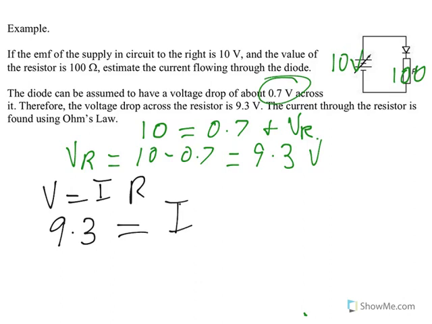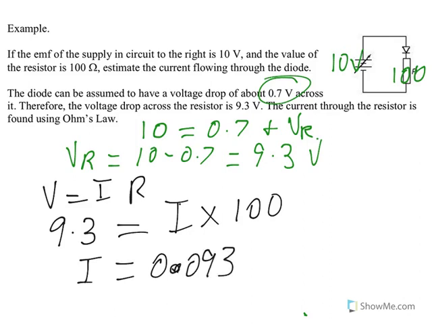So it equals the current times the resistance, which is 100, and so divide by 100, I equals 0.093, which you would more likely see written as 93 milliamps. Okay, so milli, power of minus 3, 1, 2, 3.